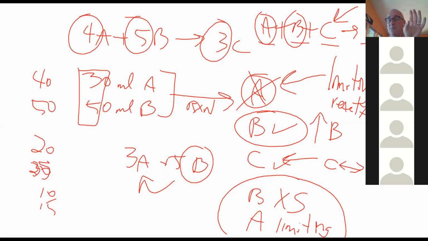If you add more A and more B and you get more product, then C is not limiting; it's either A or B. But if it's less product, then C is limiting. Well, you won't get less, you'll just get the same. And basically the concentration of A and B will just be whatever it was before plus whatever you added in there.